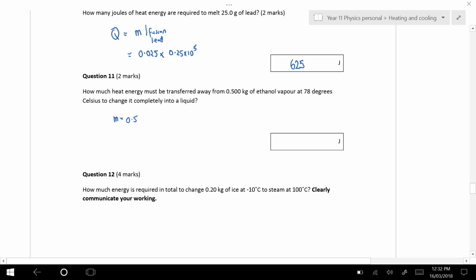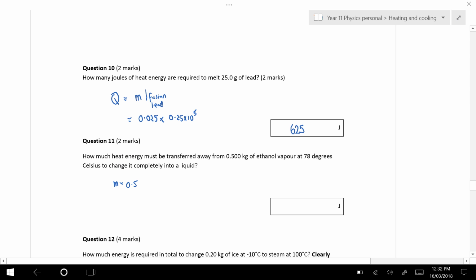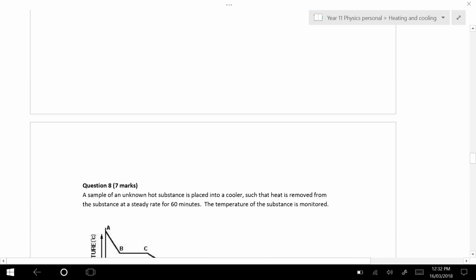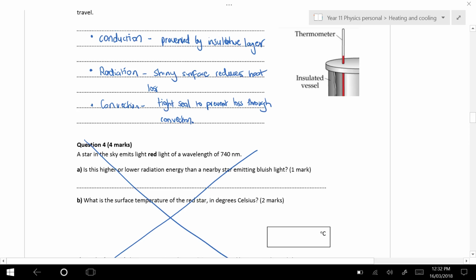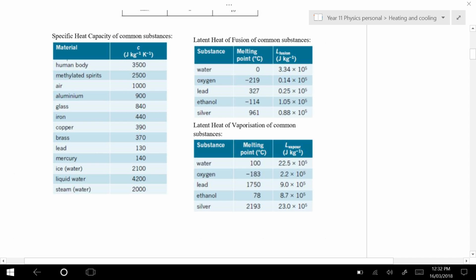Now we need to look at the vaporization point of ethanol. So if we go up to the top, we'll need to find ethanol on the table.